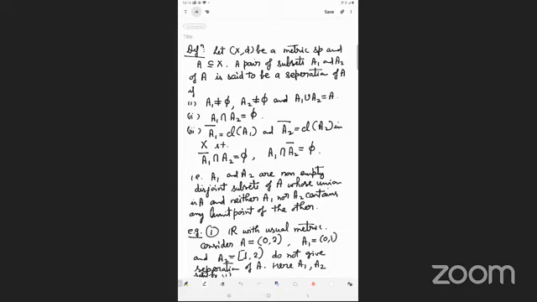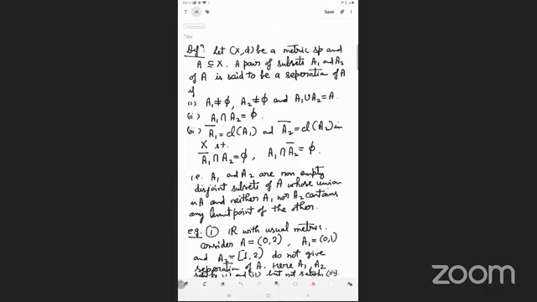And it satisfies two also, that A1 intersection A2 is phi. So this satisfies one and second, but does not satisfy the third condition. So you can say that it is not a separation.